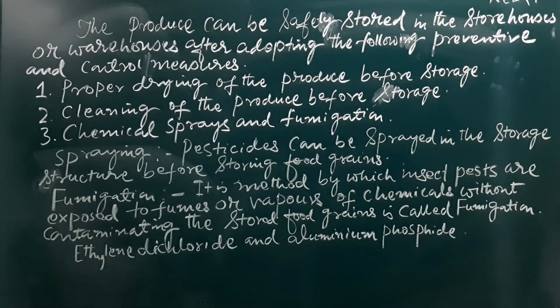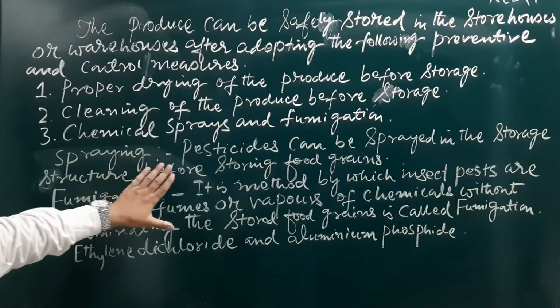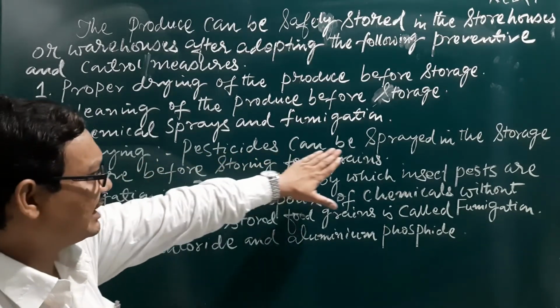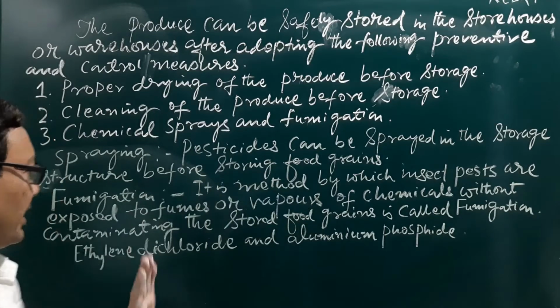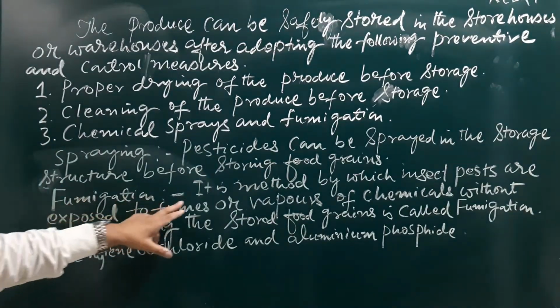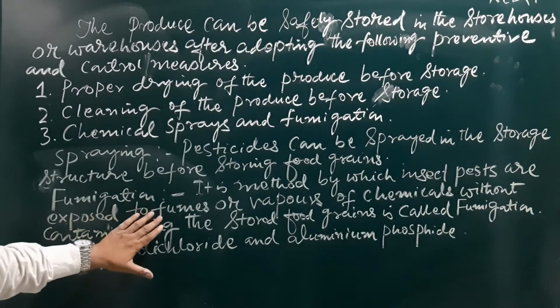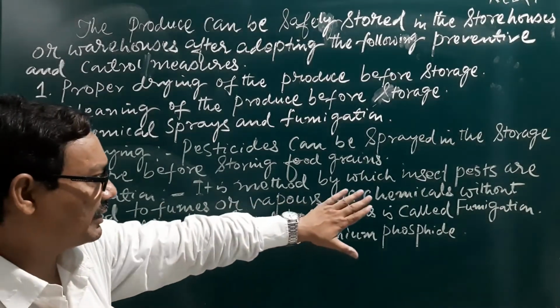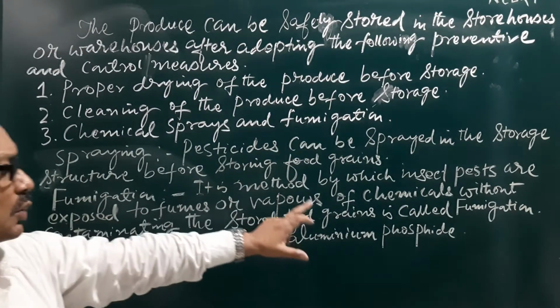I have told you earlier also the different types of chemical preparations that will be utilized. Pesticides can be sprayed in the storage structure before storing food grains. And second, fumigation. It is a method by which insect pests are exposed to fumes or vapors of chemicals without contaminating the stored food grains.